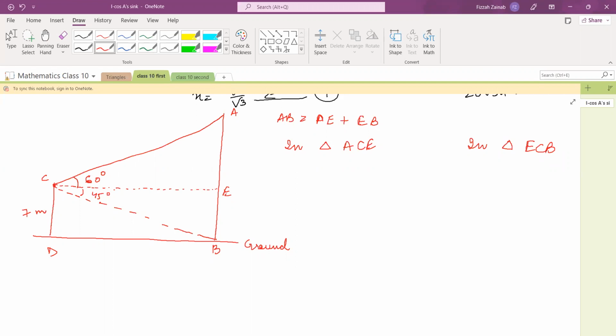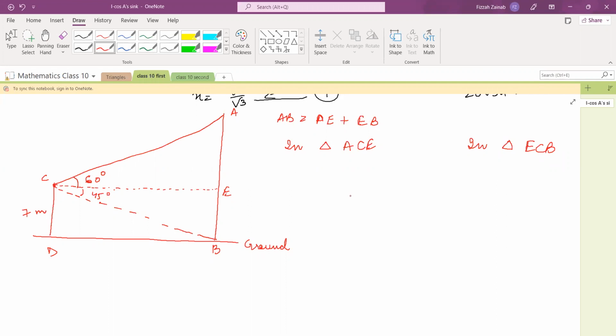Please respond quickly. Can you see in the figure? Which side? CD. CD is not a part of this triangle, right? Look at the triangle ECB. In this particular triangle, do I know any side? No, ma'am.